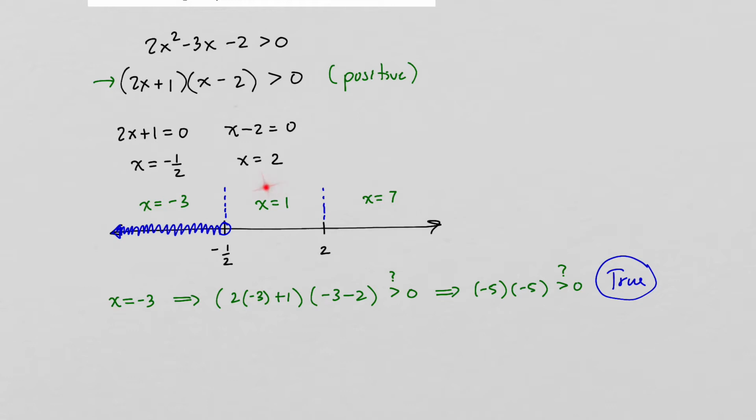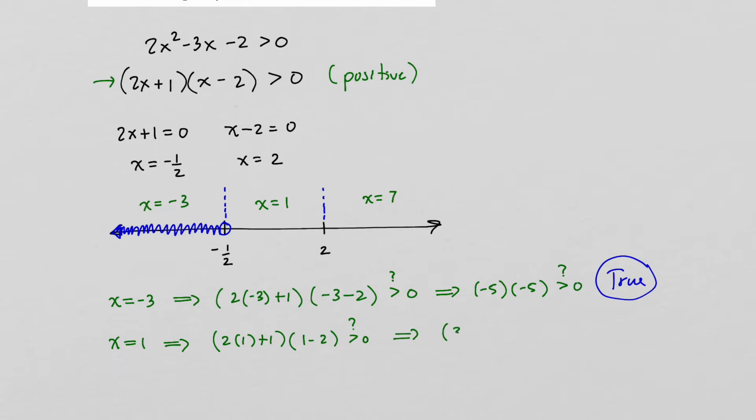Let's test the next region. So I'm going to test to see if this region is part of our solution by plugging in the representative x equals 1. If I plug x equals 1 into our inequality, we get 2 times 1 plus 1 multiplied by 1 minus 2. And we want to know, is that greater than 0?